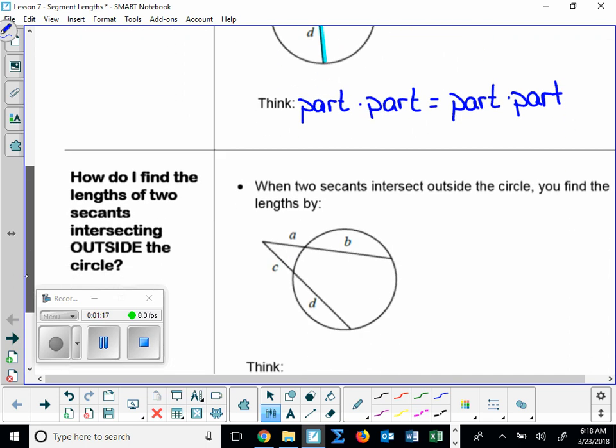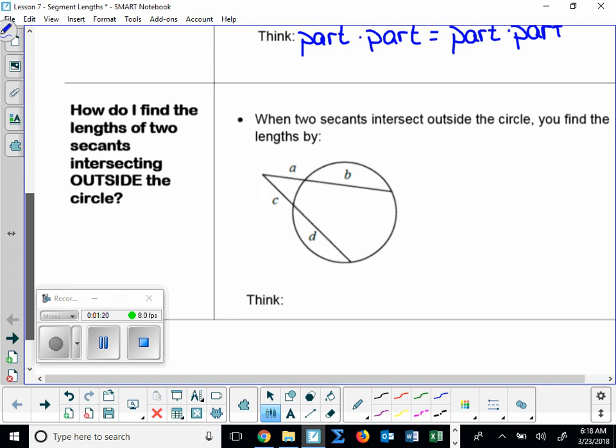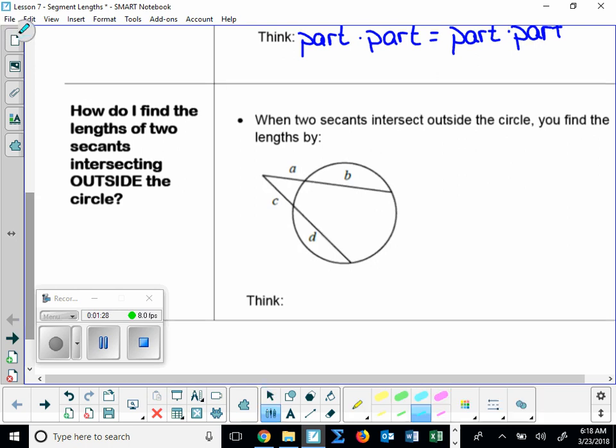Next up, what if we have two secants that intersect outside of the circle? Now, that's a little different, okay? And as we look at it, we're interested in two different things here. We're interested in the outside part of the secant and the entire secant.